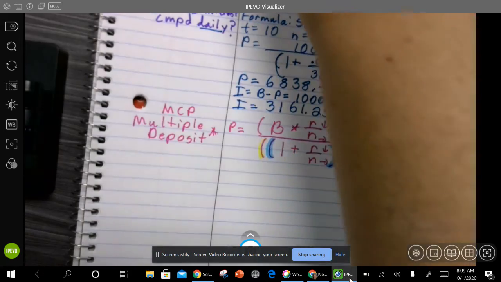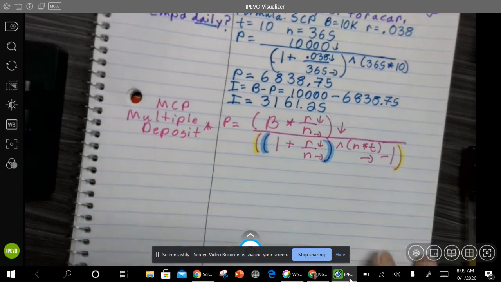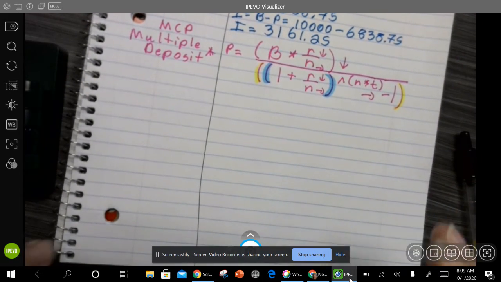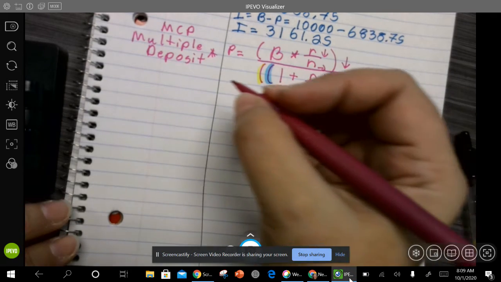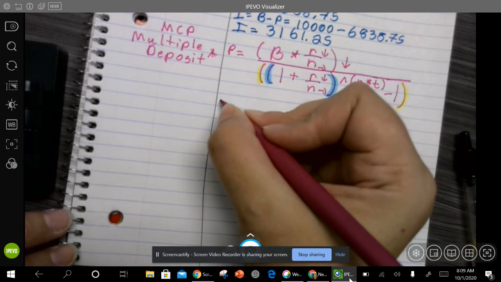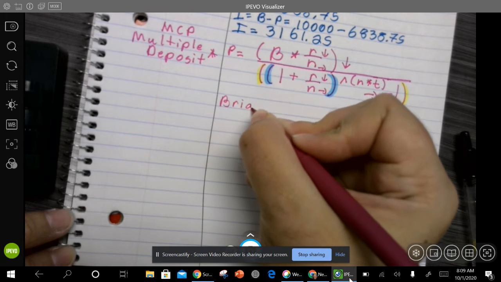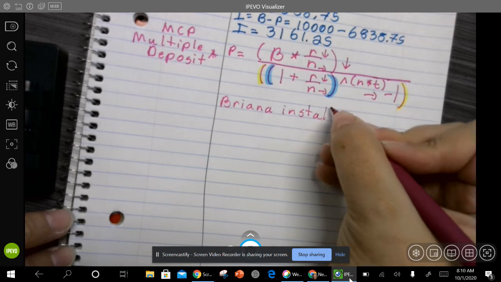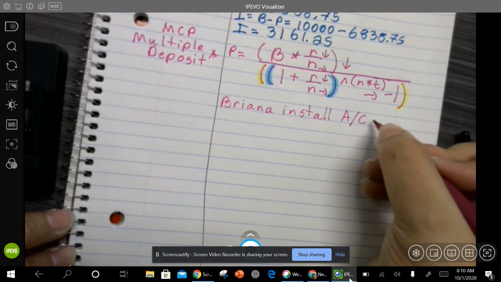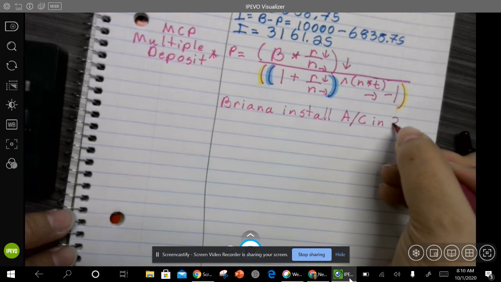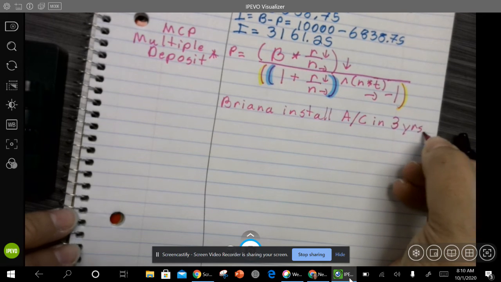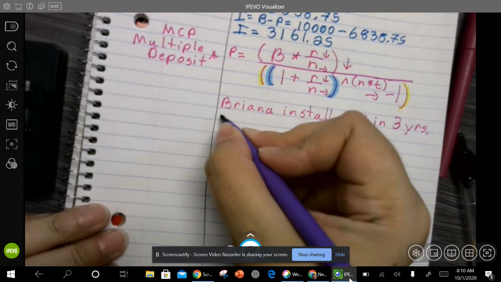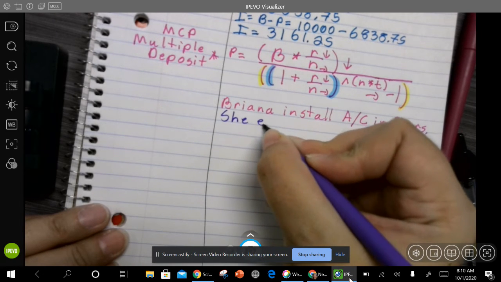Okay. Okay, so let's use this example. So we have Brianna, okay, she installed an air conditioner. She needs to get a new air conditioner in 3 years. Okay, she estimates it's going to cost about $8,000.